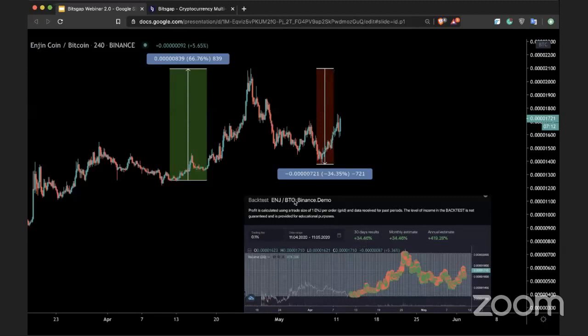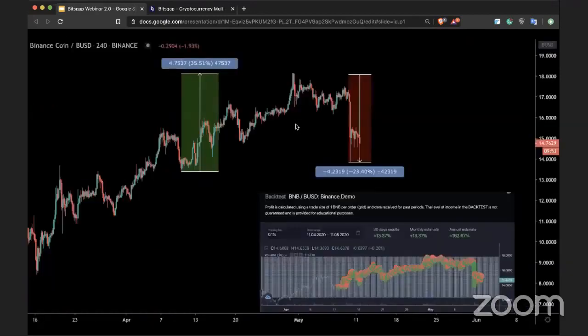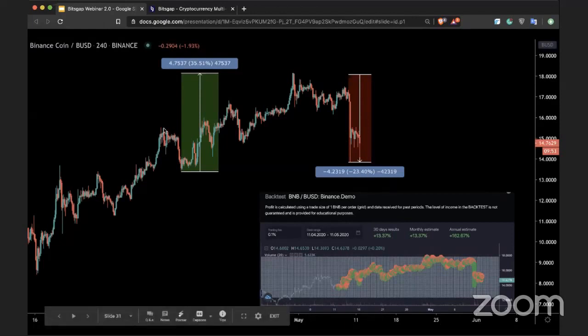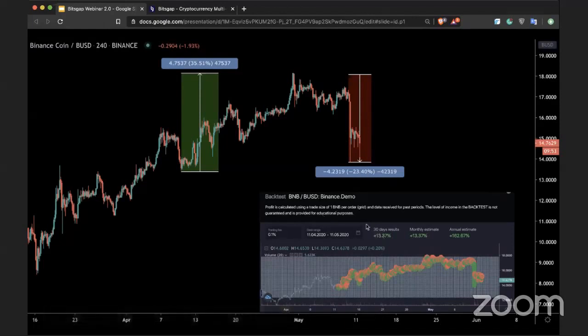in BTC. All right. And another example is Binance Coin trading to BUSD, which is a stable coin. Here, the upside momentum was 35%, and the downside, the consequent drop down, was 23%. And within this period, the bot would generate approximately 13% in BUSD coin, in the quote currency.